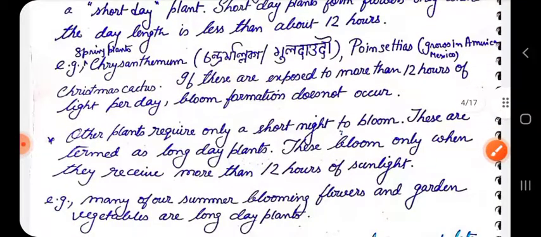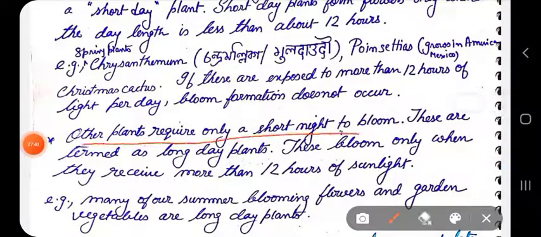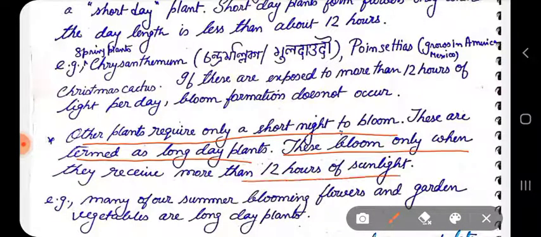Whereas other plants require only a short night to bloom, which are called long day plants. And these are termed long day plants because they require more than 12 hours of sunlight. Like most of the summer blooming flowers, garden vegetables are long day plants, right?